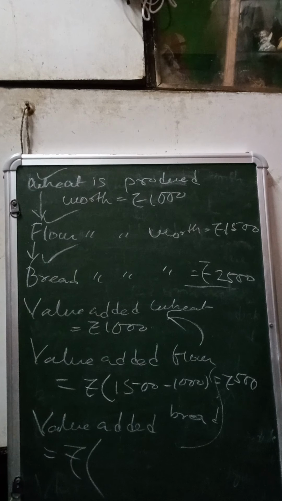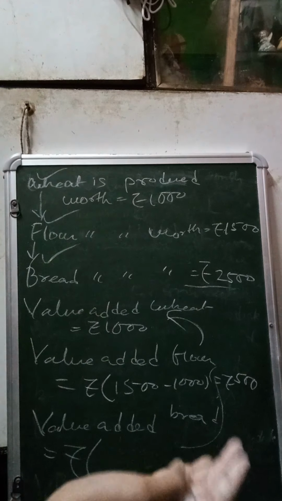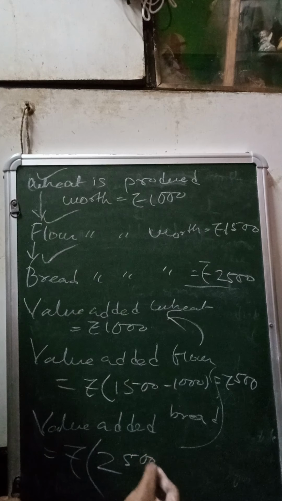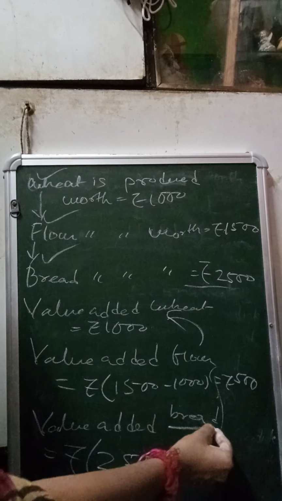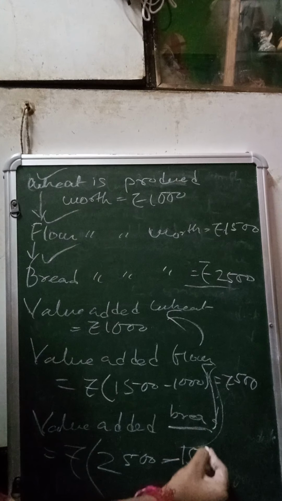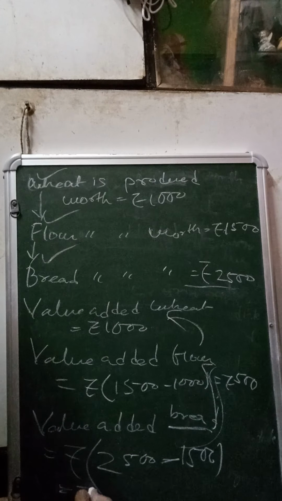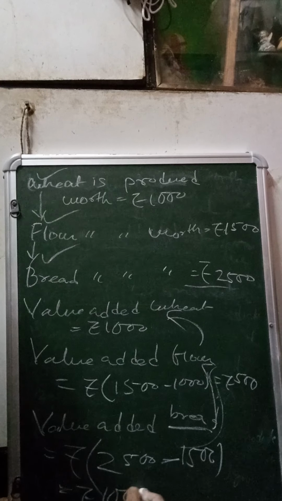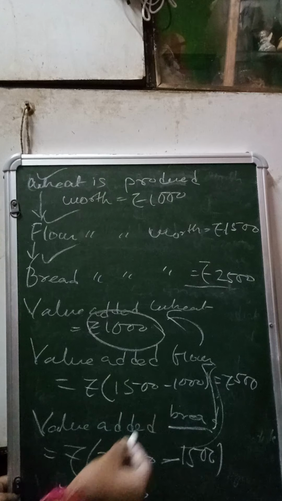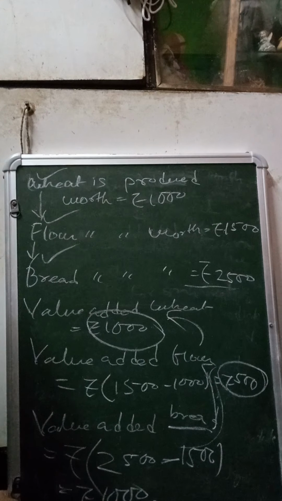Value of the final output minus value of the intermediate. Our value of the final output is 2500, and for making bread the intermediate good used is flour, which is 1500. So the difference is 1000. So value added first is 1000, then 500, then 1000.